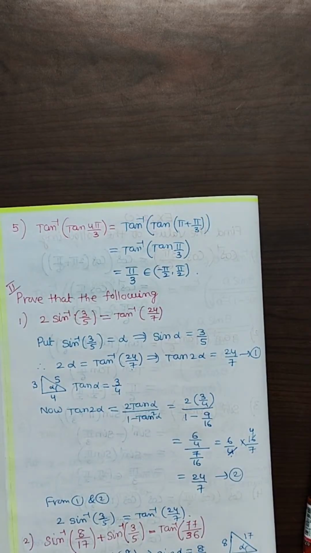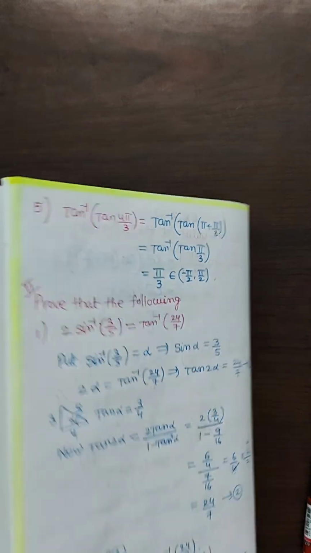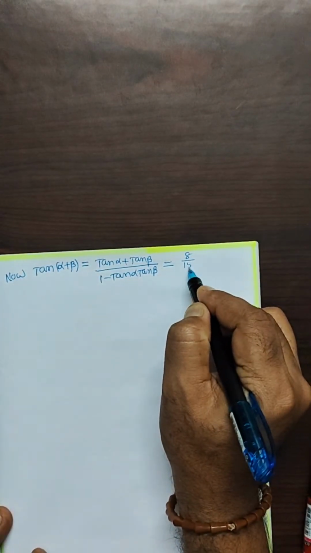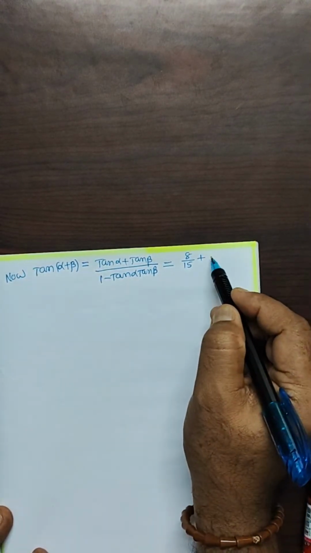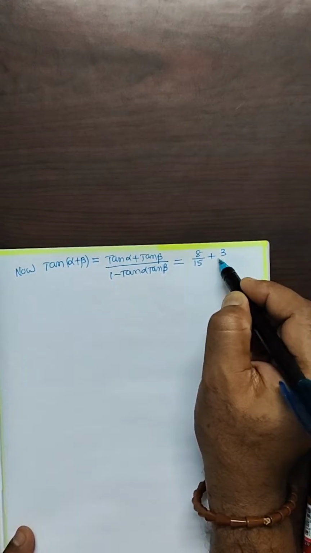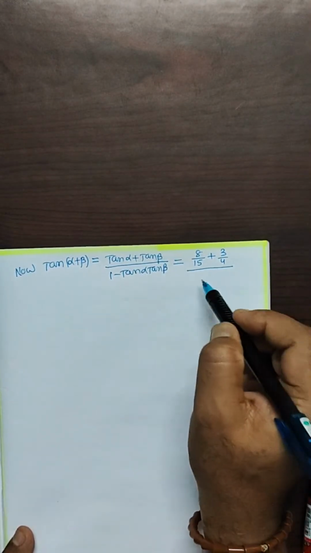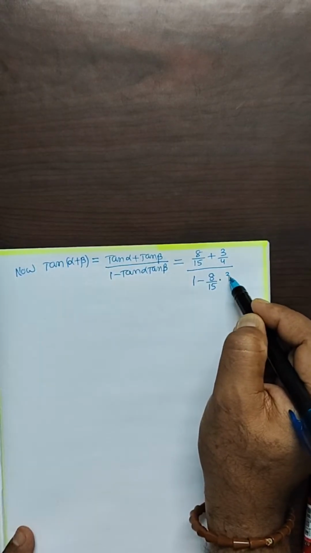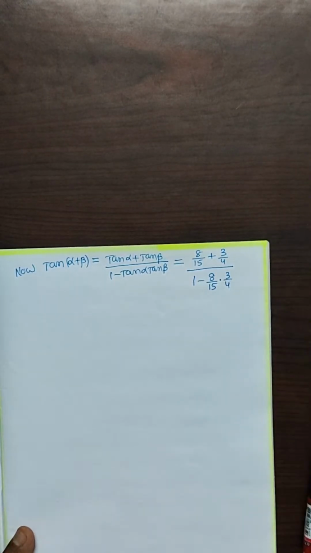Tan alpha value 8 by 15 plus tan beta value 3 by 4, divided by 1 minus 8 by 15 into 3 by 4. Okay, dear students, I hope you understand.